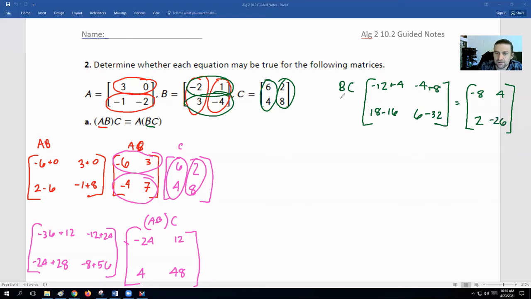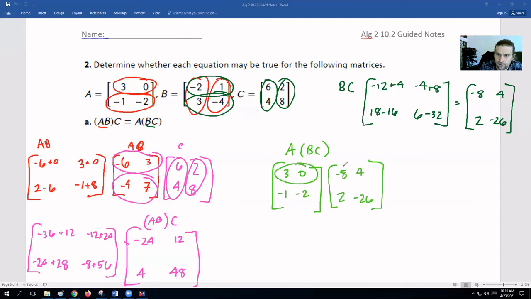So there's BC. What we have to do now is to take A and multiply it by BC. So we're going to take A, which is 3, 0, negative 1, negative 2, and multiply it by negative 8, 4, 2, negative 26.